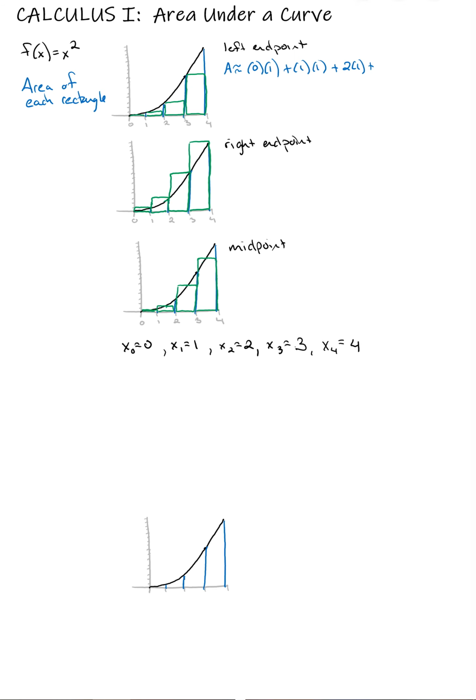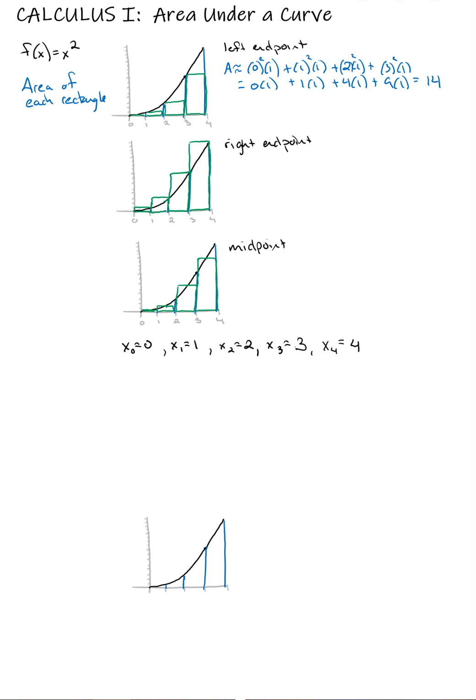Those are squares: 0 squared, 1 squared, 2 squared, 3 squared, times 1. So that gives us 0 times 1 plus 1 times 1 plus 4 times 1 plus 9 times 1. Do all of that math, and it looks like we get 14. All right, so that would be an approximation for the area using the left-hand endpoint.